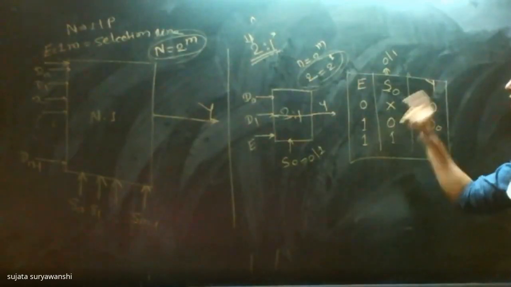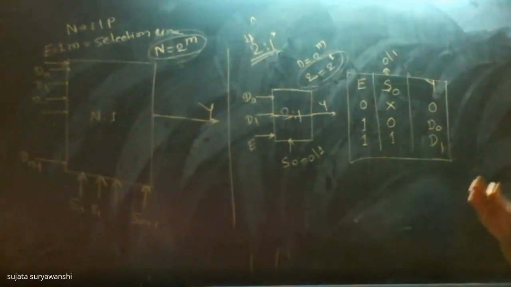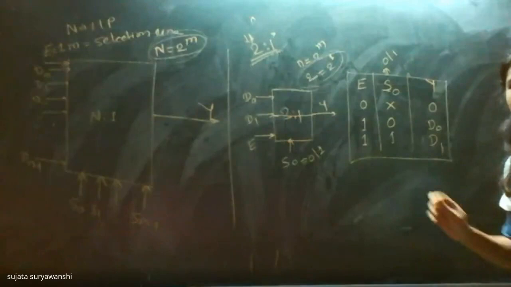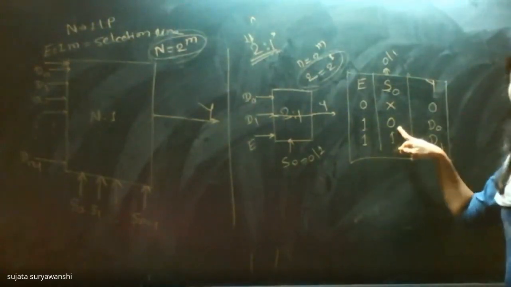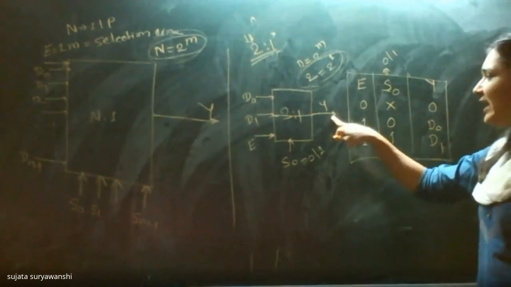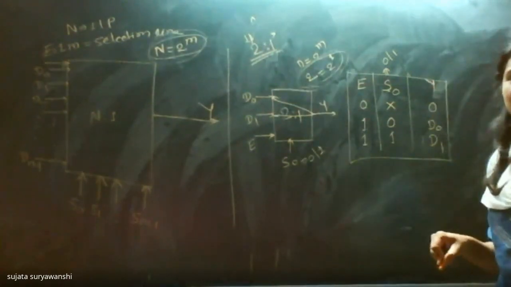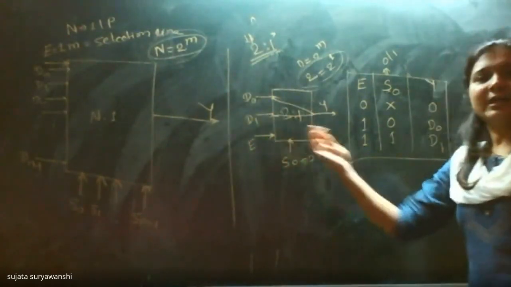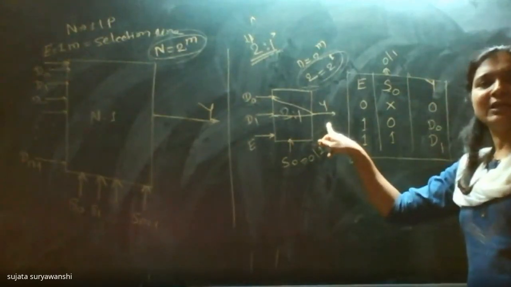So initially your multiplexer should be in working condition. For that purpose, your E should be 1. Here E is equal to 1 and if S0 is equal to 0, then output Y will directly get connected to the D0 input, and whatever data bits are coming from D0 will directly be connected to the output.